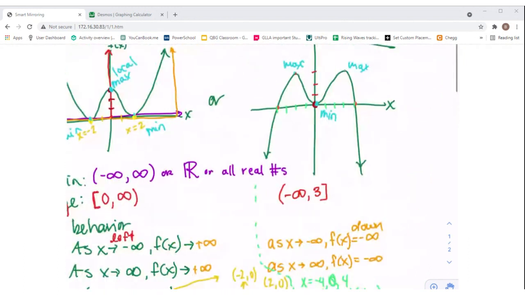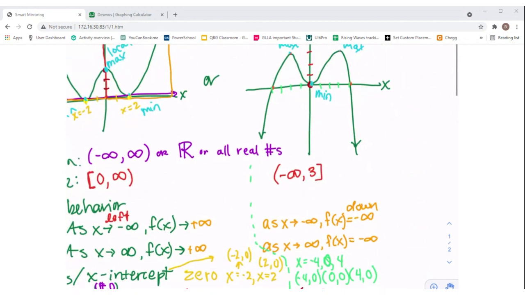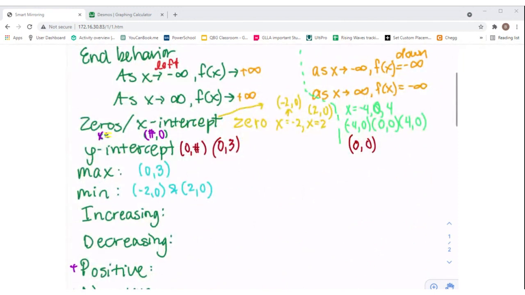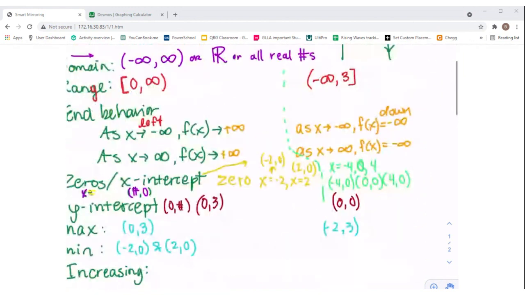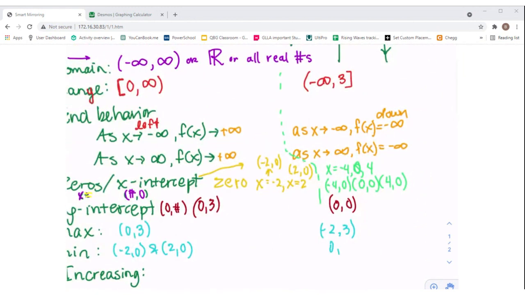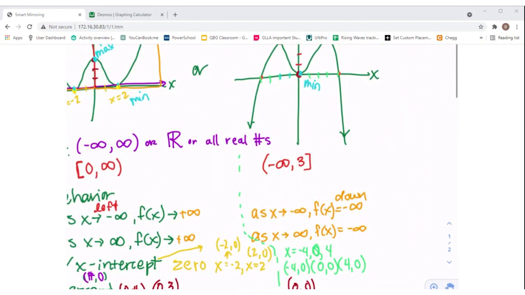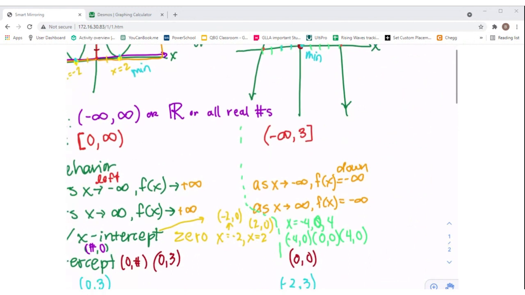The max looks like it's at back 2, up 3. So max at back 2, up 3. A local minimum at 0, 0. And then the other one is going to be at, my graph is weird, but it's going to be at 3, 3.